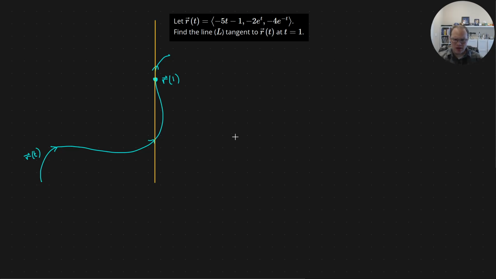We know how to find the equation of a line, right? The equation of a line is equal to some point on the line plus t times a direction vector that points parallel to the line.